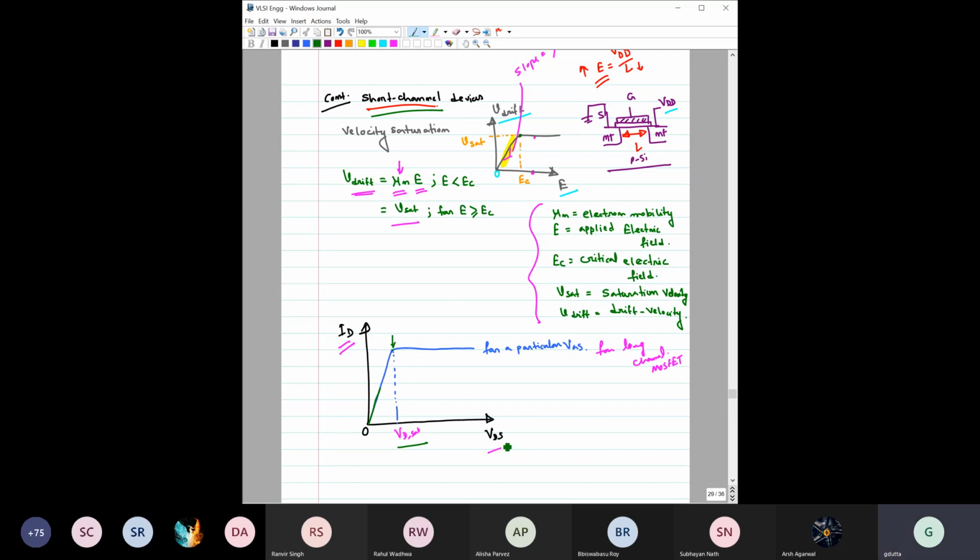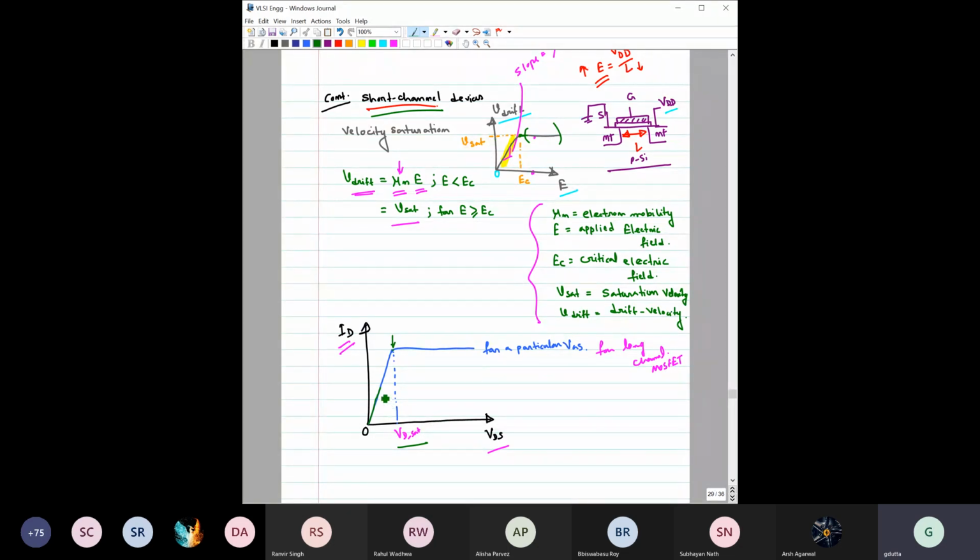See here, you are increasing VDS. Please try to understand, you are increasing VDS, so the current is increasing, right? But as the gate length has reduced significantly, the electric field has increased, and it has entered the VSAT region, no longer the concept of mobility. When it has reached the VSAT region and you further increase VDS, you see the ID sat is not increasing.